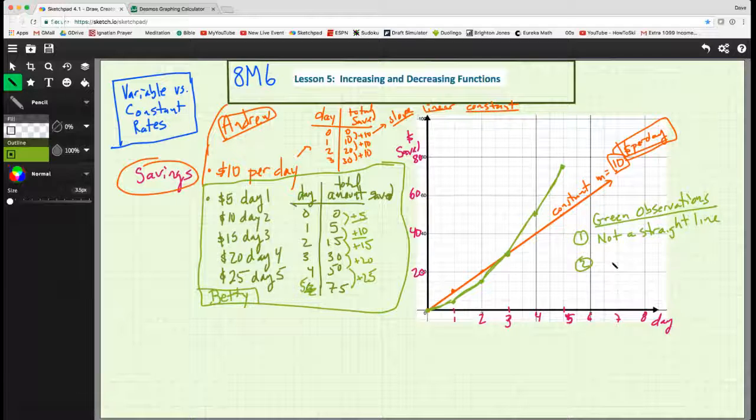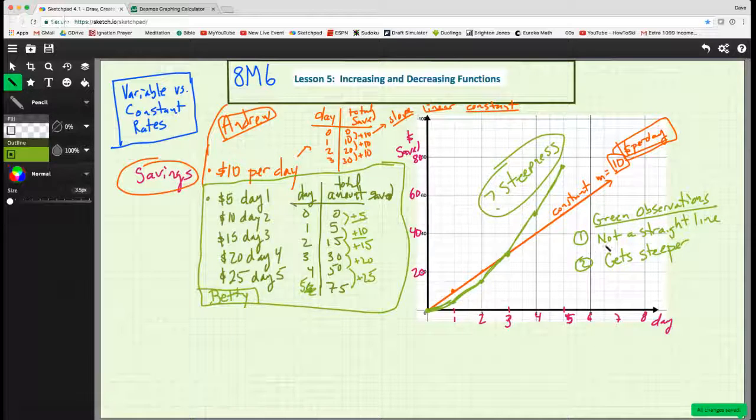Which one's steeper? That's the question. What happens to the steepness as we go left to right? Well, for those of you who observe that, just think of a mountain. This is not that steep. This is steeper. This is steeper. It gets steeper.